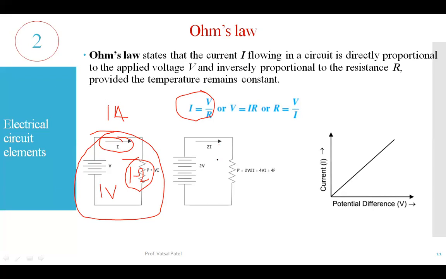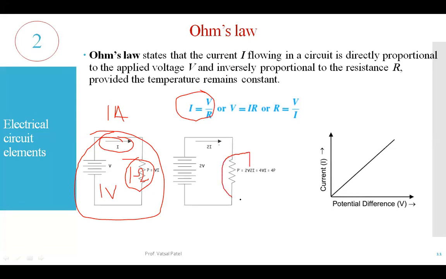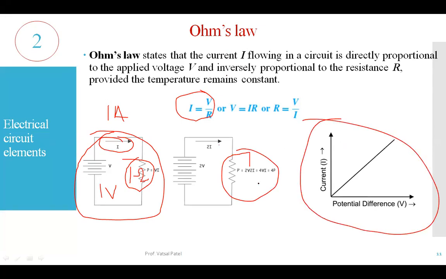Now, the second diagram is indicating that if we change the voltage from the terminal, then how the power is going to be measured over here, right? And we had also proved that the applied voltage is directly proportional to current, so we get a linear diagram, or a linear waveform.